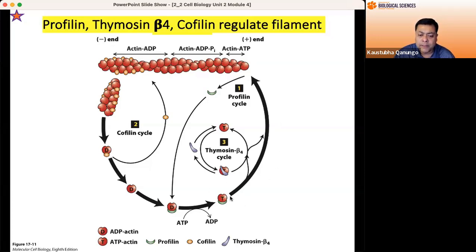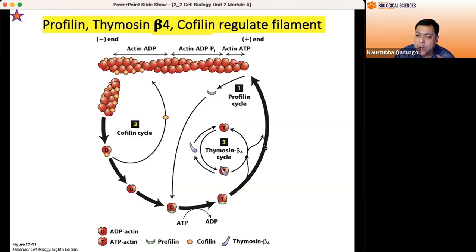Remember that these ATP-bound actins are going to increase the cellular concentration of the globular actin, and they will basically try to be added on the plus end. So how do you prevent that? In that case, thymosin beta 4 comes in, which is a negative regulator. And why is it a negative regulator? This is a sequestering protein for the ATP-bound actin.